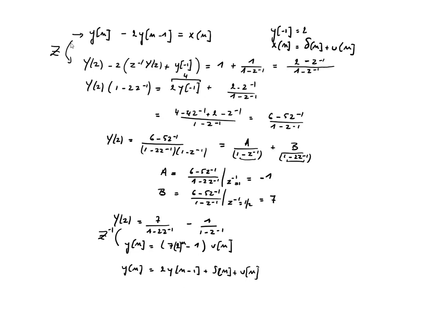So y[0] will be 2 times y[-1] plus 1 plus 1. If we evaluate both the unit impulse and unit step at 0, we have a 1, so we'll have a 6 over here, and we should check if this is correct, and we see that we have indeed 7 minus 1. So this is indeed correct.